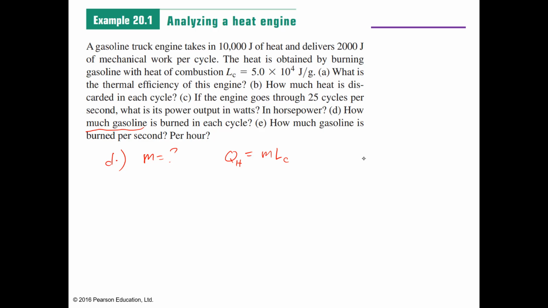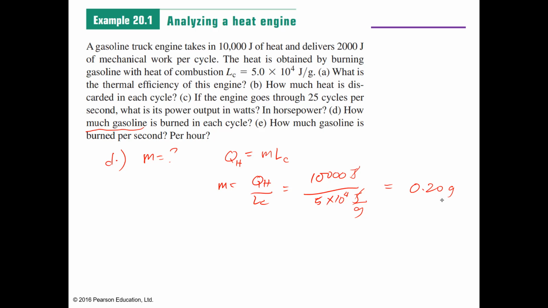So given QH equal to 10,000 joules and LC is 5 times 10 to the 4. So you can get mass equal to QH over LC, and this is equal to 10,000 joules over 5 times 10 to the 4 joule per gram. Cancel the joule, you will get mass in terms of grams. This is equal to 0.20 grams. Okay.